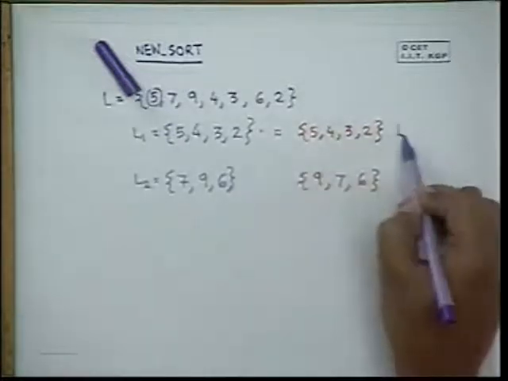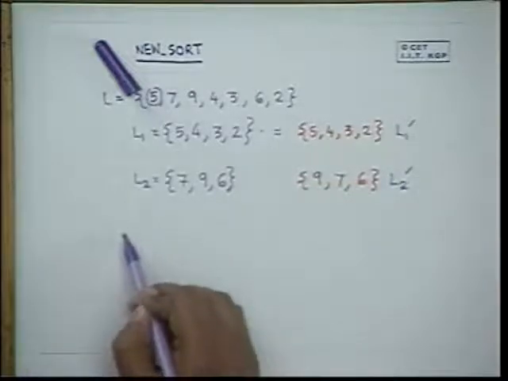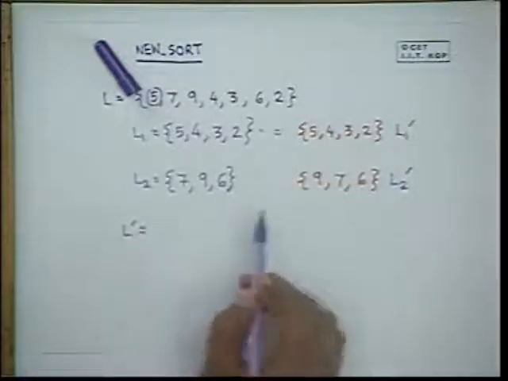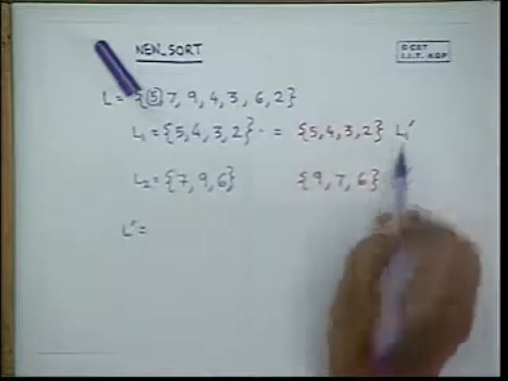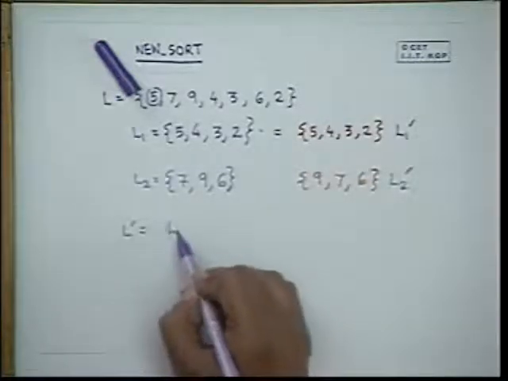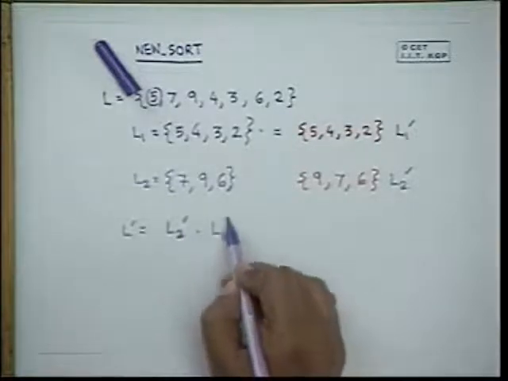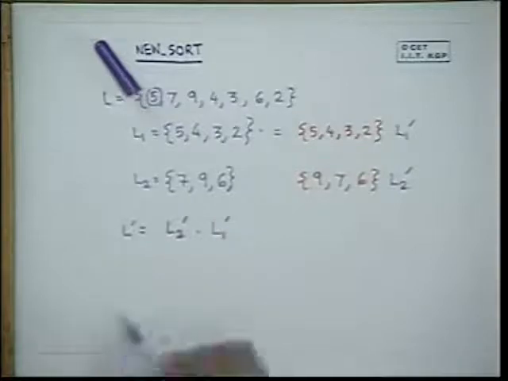So this is L1 dashed and this is L2 dashed. And what is L dashed? It is just this one followed by this one. So it is L2 dashed concatenated with L1 dashed, or appended with L1 dashed, or joined with L1 dashed.